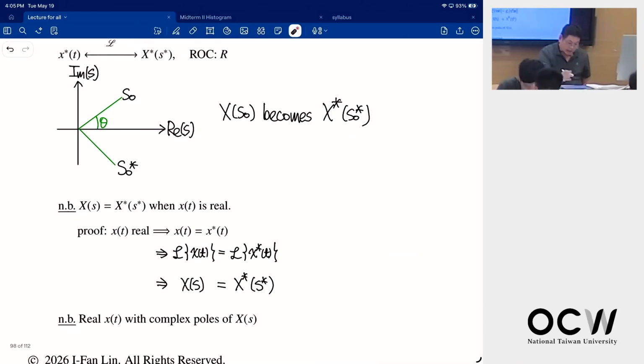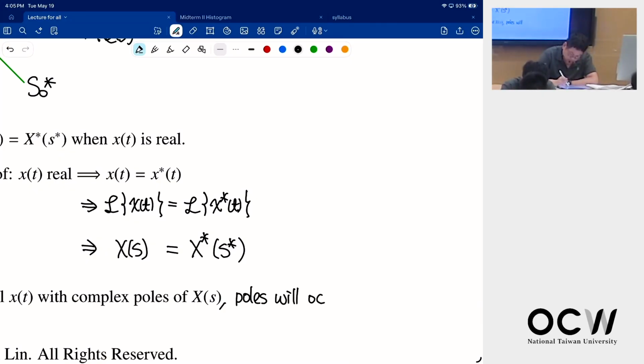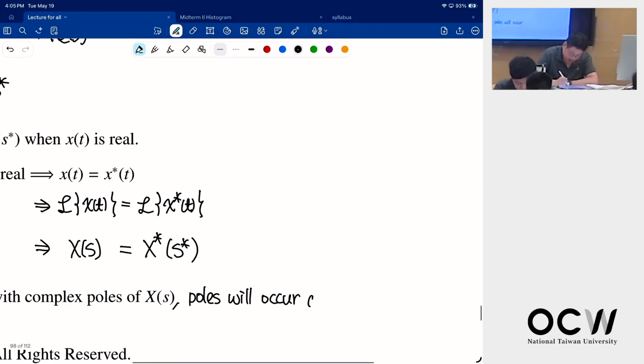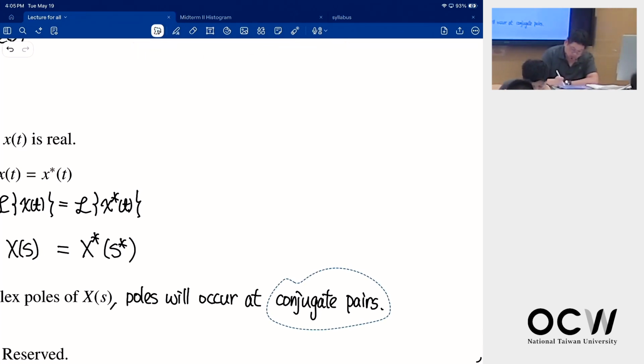This also tells us that for a real signal, if we have complex poles, then the poles will occur in conjugate pairs.